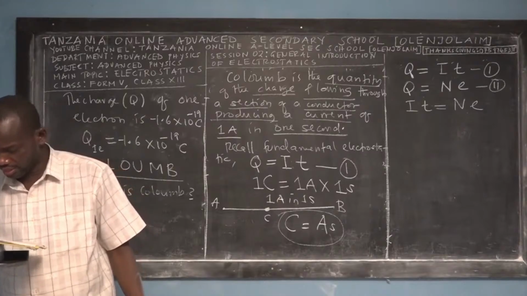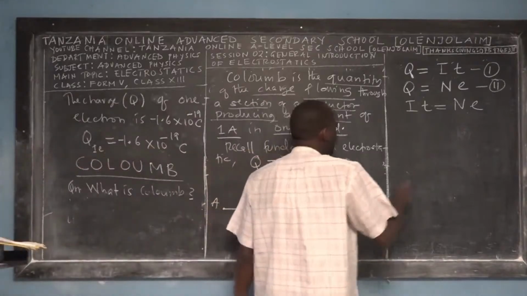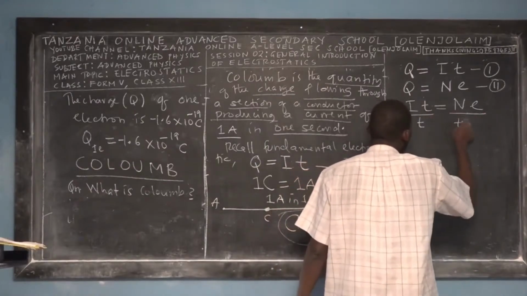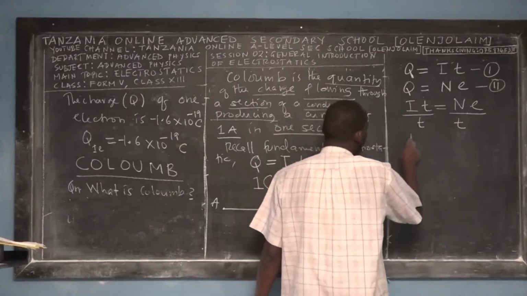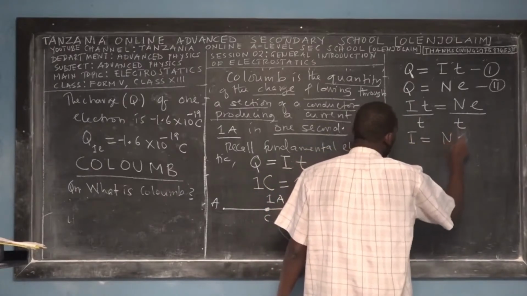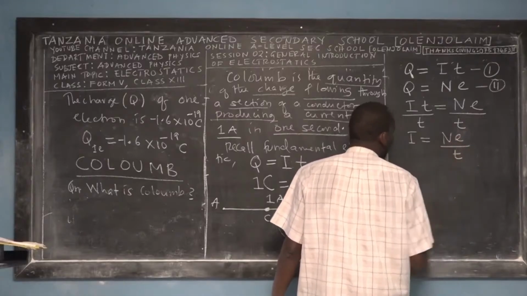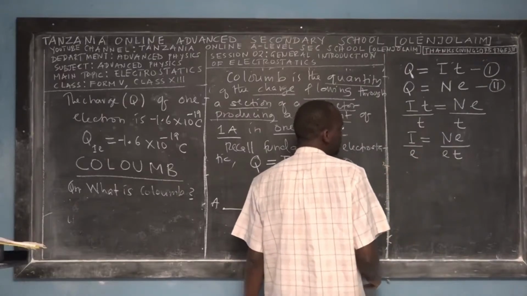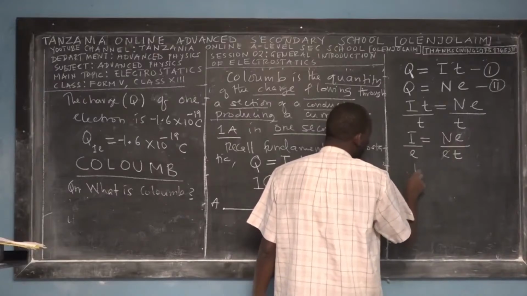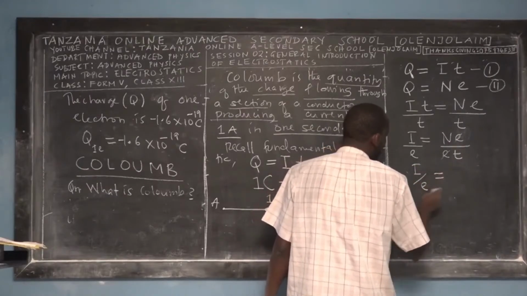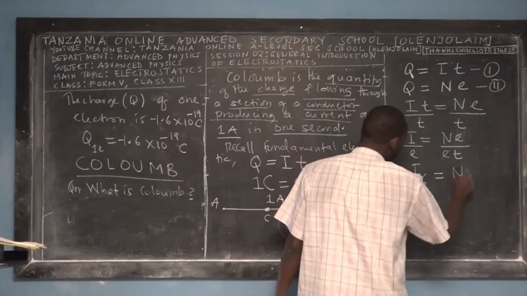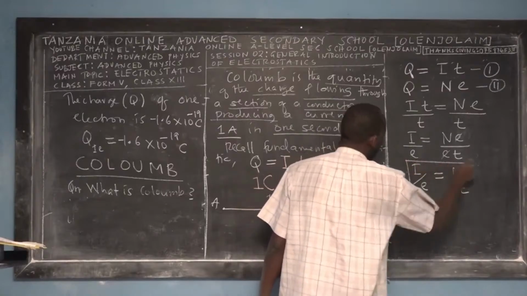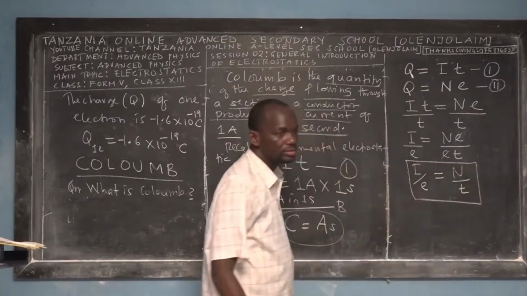To know the number of electrons that has passed through a certain section of the conductor, we divide by time first. Current is equal to number of electrons times electronic charge over time. Then we divide by the electronic charge, so this one and this one cancel. You find that current over electronic charge is equal to the number of electrons flowing through a certain section of the conductor, and this is a very important expression for your life.